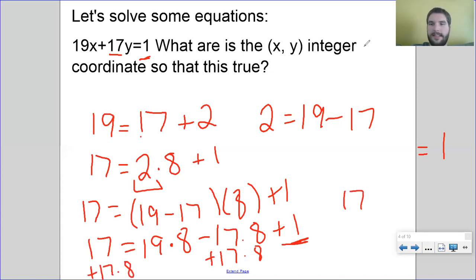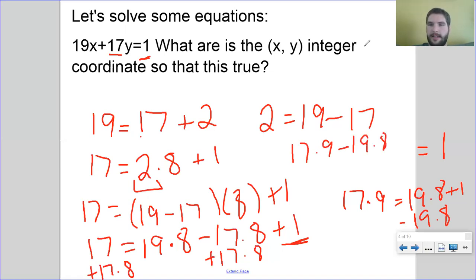That gives me 17 times 9 equals 19 times 8 plus 1. And then I subtract 19 times 8. So it's 17 times 9 minus 19 times 8.